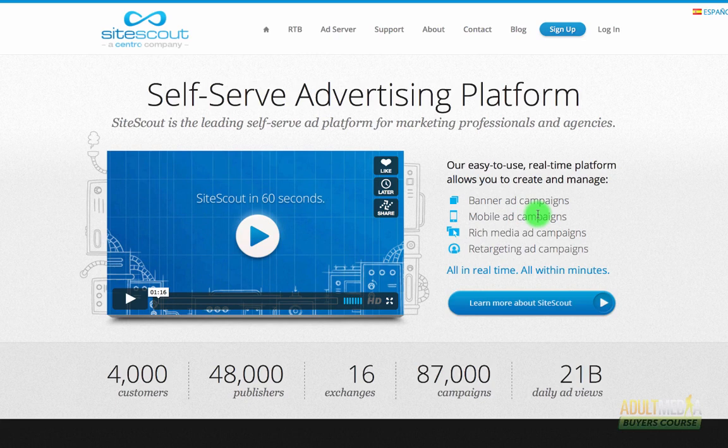This is a very good platform. It could be a little expensive because they're going to charge you a lot for displaying your ads. Take into consideration, let's say you have some type of banner ad, maybe it's a GIF, or maybe it's some type of rich media. In adult, you're going to generate a lot of high volume impressions, millions a day, even tens and hundreds of millions of impressions a day.